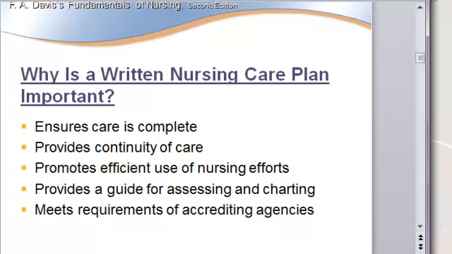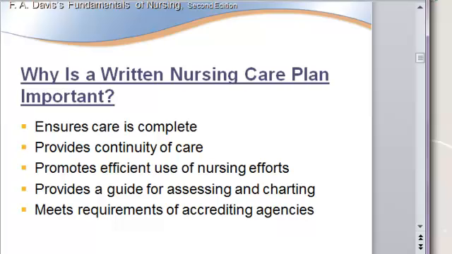Well, it benefits the patient, which is our ultimate goal, and it benefits the healthcare institution. How does it do that? By ensuring that care is complete. Can you imagine if, when I was getting ready to teach the class, we hadn't done all the preliminary work, we hadn't written down the goals for you, the outcomes for you as a student?